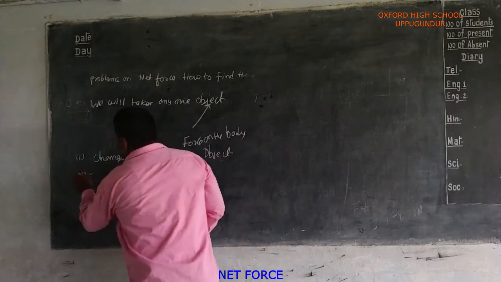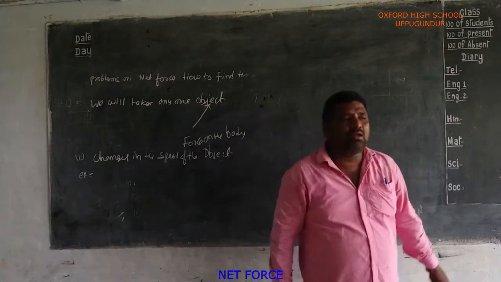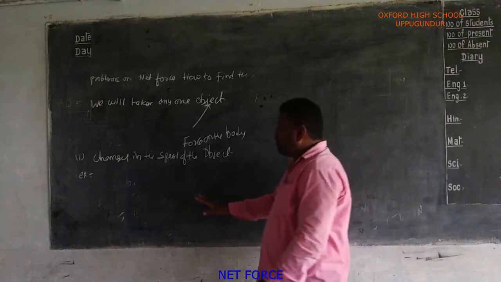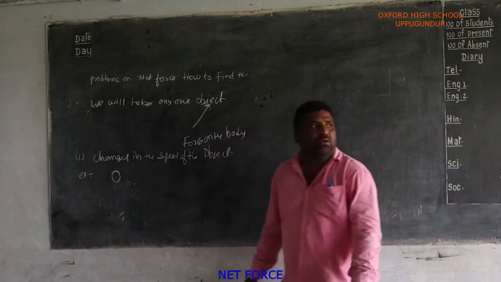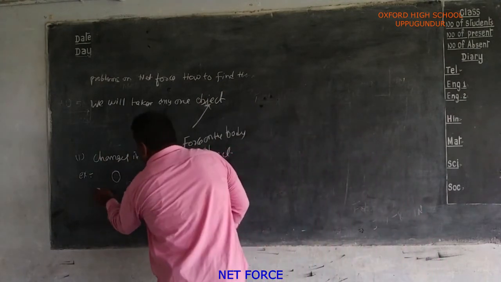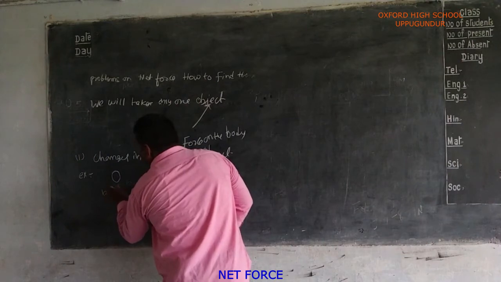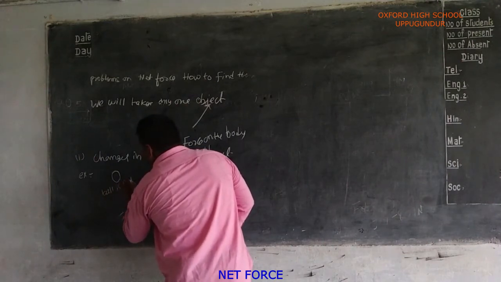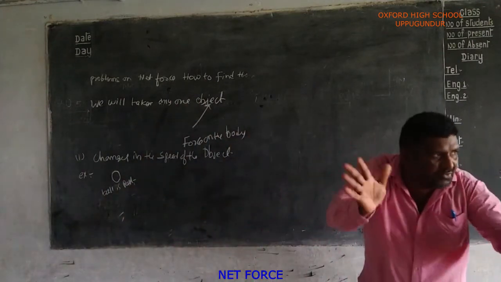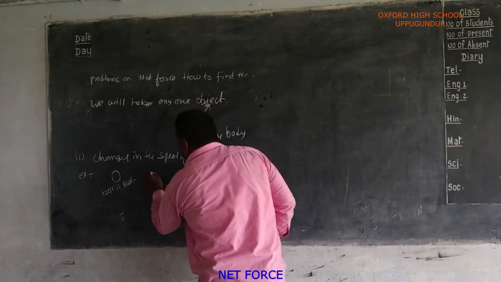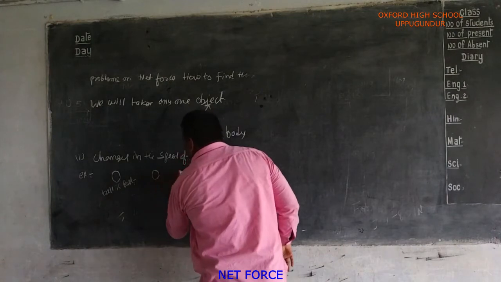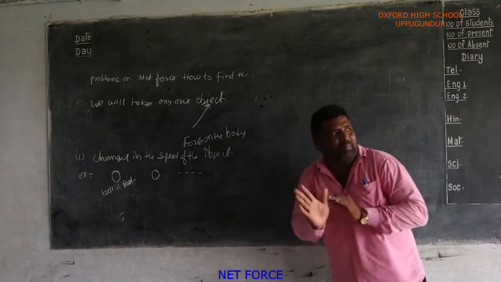Example 1. For example, you take one ball. Starting out, the ball is in the rest position. When we apply a force on the ball, automatically the ball is going to move from one place to another place.